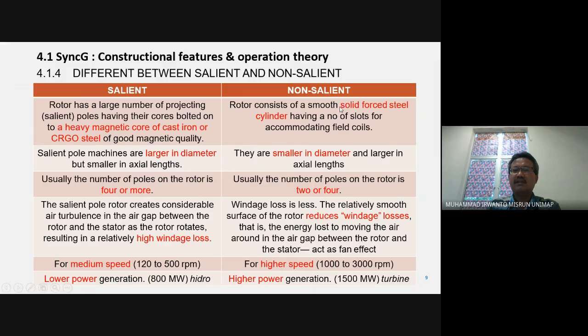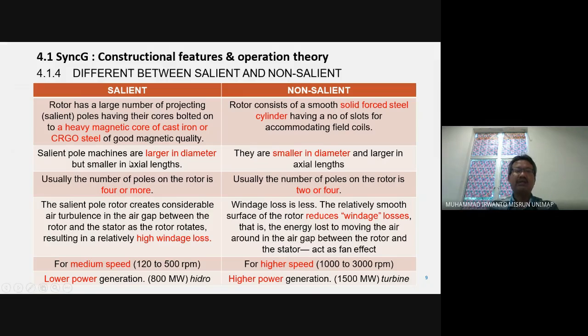On the non-salient, windage losses are less compared to the salient. The relatively smooth surface of the rotor reduces windage losses, that is, the energy lost to moving the air around the air gap between the rotor and the stator, which acts as a wind effect.